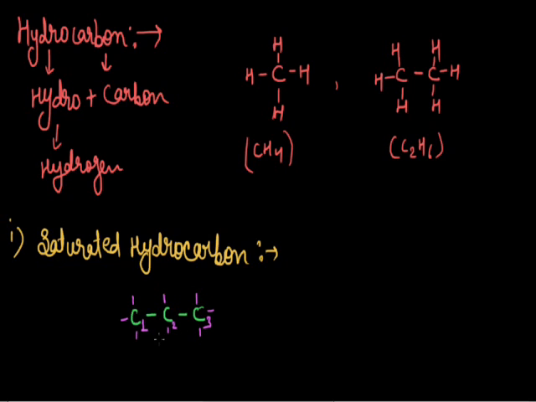We can see that C1 carbon has the tendency to make 3 bonds with hydrogen atoms, and in the case of C2, 2 hydrogen atoms can attach, and in the case of C3, 3 hydrogen atoms can attach. So here we can see that a single bond is present between C1 and C2, and a single bond is present between C2 and C3 carbon atoms. So we can say that that type of compound is a saturated hydrocarbon.